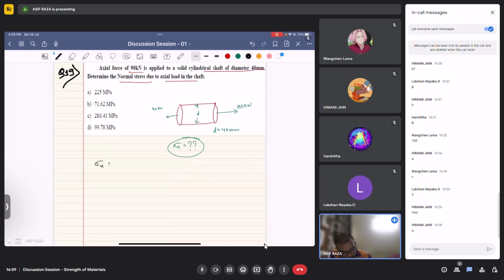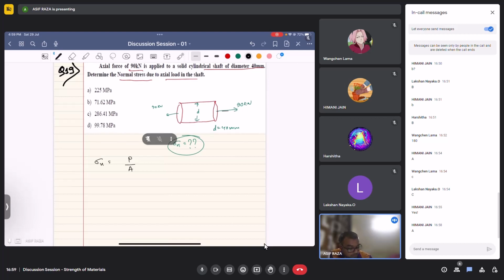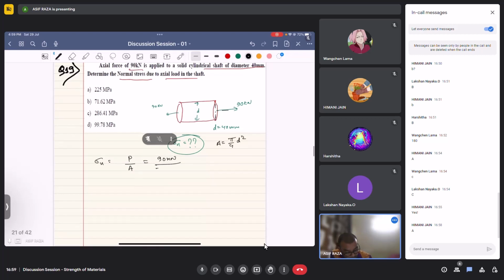Normal stress would be the force acting upon the normal area. So this is a normal force acting on this plane, right? P is 90 kilonewton and the area of a circle is pi by 4 d square, right?